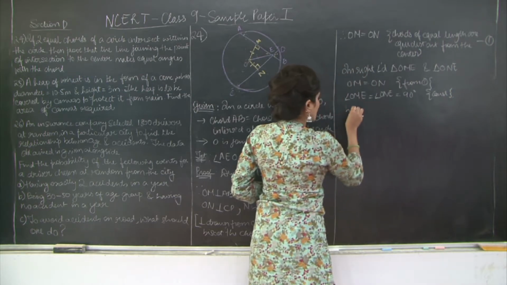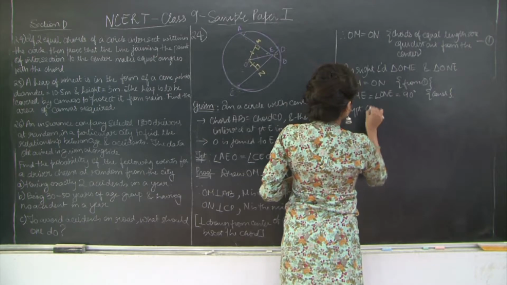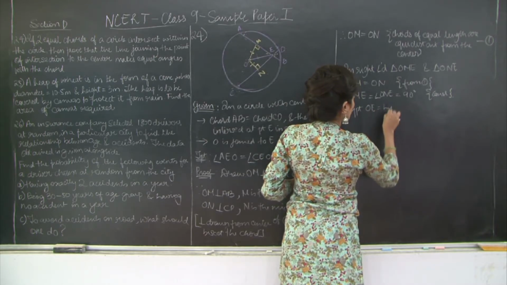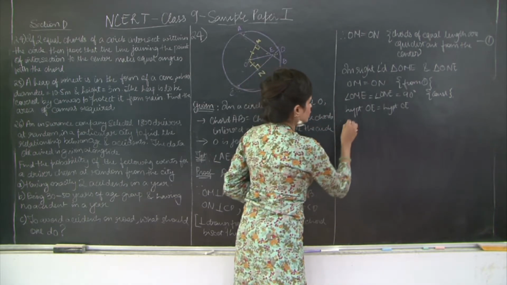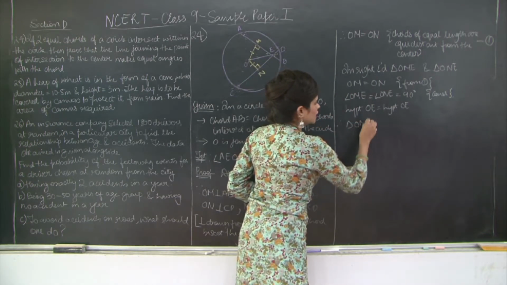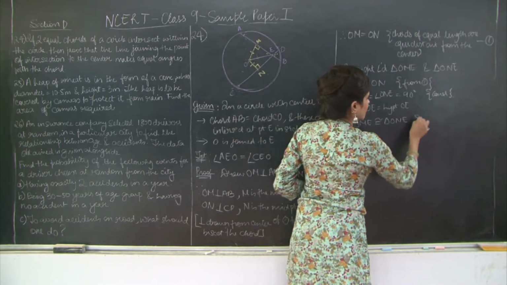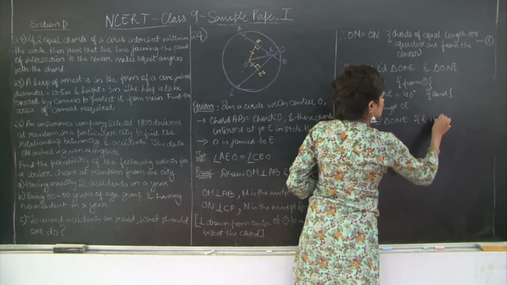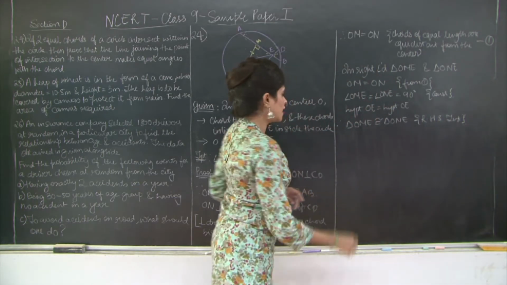And you have hypotenuse OE is equal to hypotenuse OE. Correct? Therefore, triangle OME is congruent to triangle ONE by RHS test or right angle hypotenuse test of congruence.